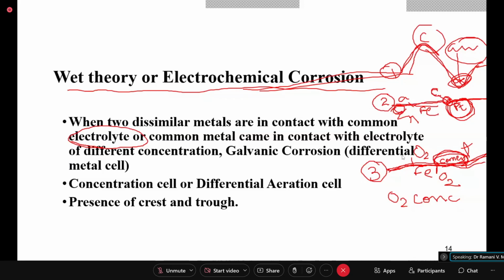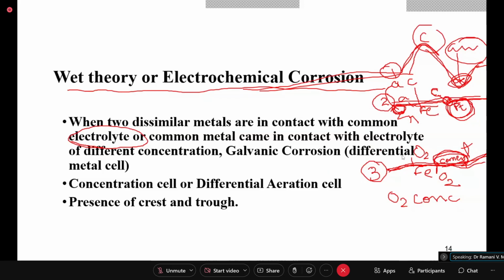If the metal is more active, like zinc and magnesium, then this part starts behaving anodic and the iron then starts behaving cathodic, because the position of these metals in the electrochemical series will decide further corrosion of that particular area.